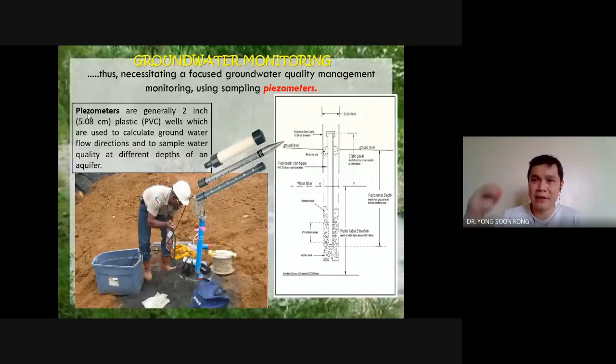Because if there is a spike of contaminants of any kind, whether organic pollutants or heavy metals, you will see it from groundwater. So most of the time, areas around landfills like Bukit Tagar have a lot of groundwater monitoring wells. So this is what they do as well.